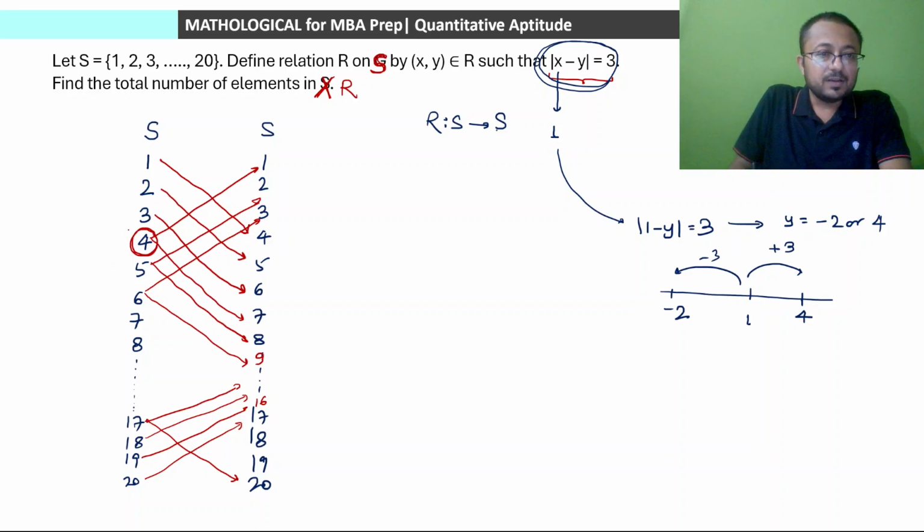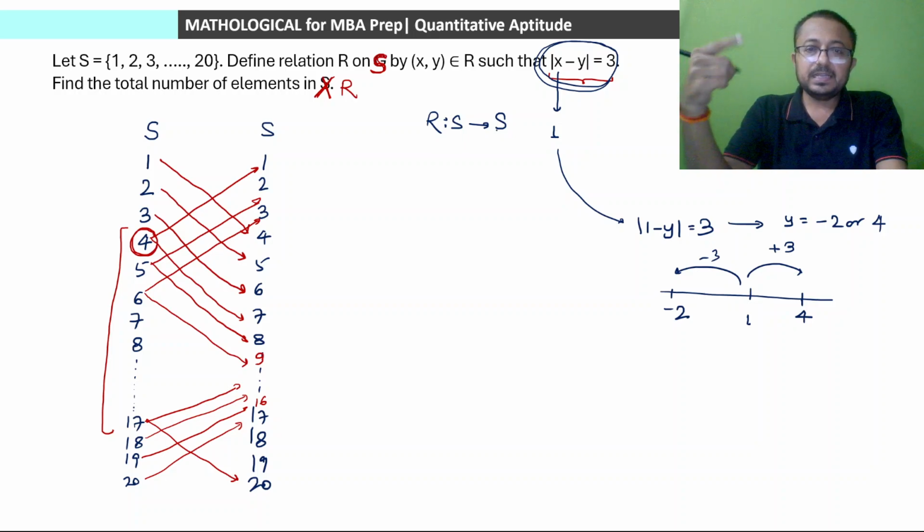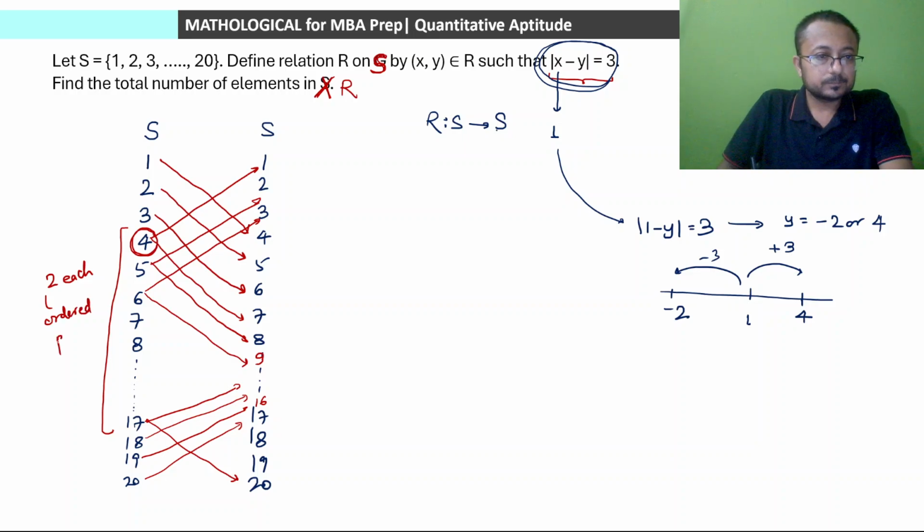So basically from 4 to 17, each element will be related to two elements in set S, isn't it so? From 4 to 17, each element will be in two ordered pairs, so 2 each, or 2 ordered pairs. And from 1 to 3, exactly 1. And from 18 to 20 also, again, exactly 1.